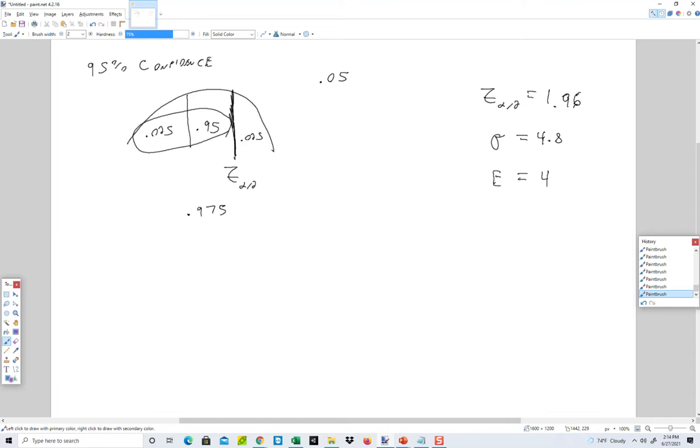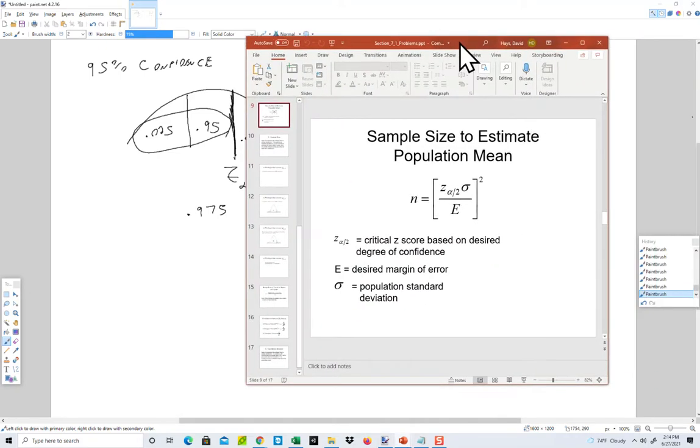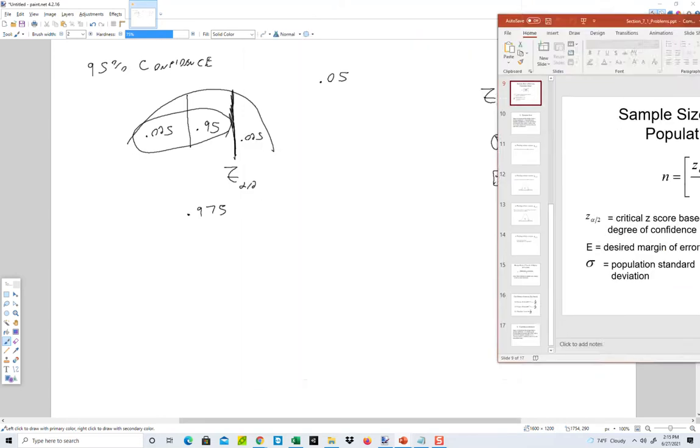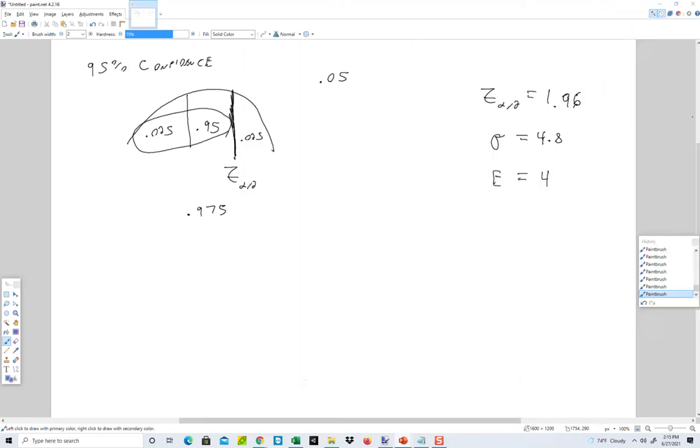There we go. Now for our formula. Formula is this. So we're just going to plug in our values. And although it isn't written here, whenever you're doing sample size, you should always round up. That ensures you've got enough in your sample.